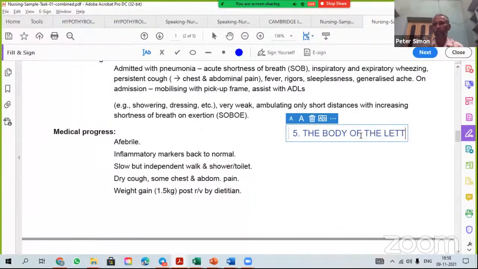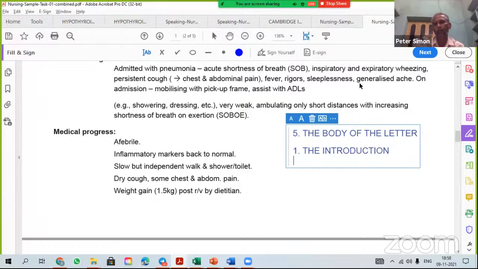The body of the letter has again 5 subparts. Number 1, the introduction. Number 5, the conclusion. These are not very important, but still important. So 5 different things. The introduction and the conclusion.